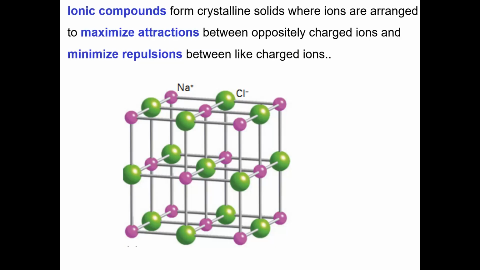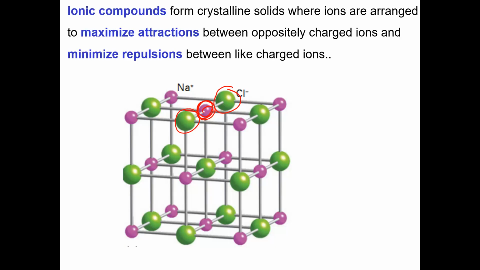So it's important to realize that ionic compounds form crystalline solids, where the ions are organized in such a way as to maximize attraction between the oppositely charged ions and minimize repulsions between like charges. So if we look at this sodium chloride crystal here, you can see that the ions that have opposite charges are closer together than ions that have the same charge.